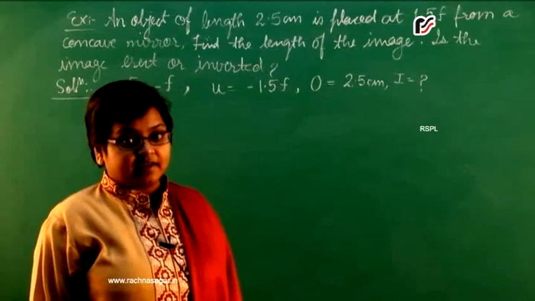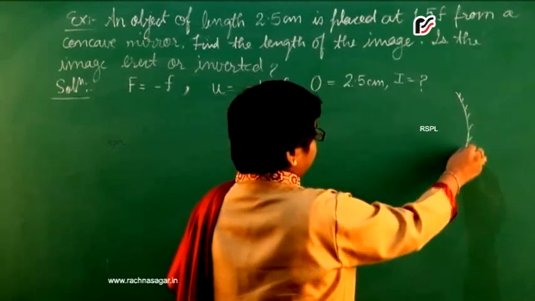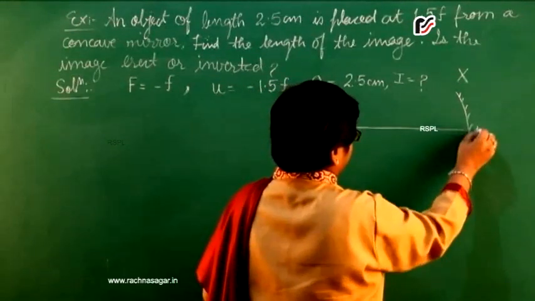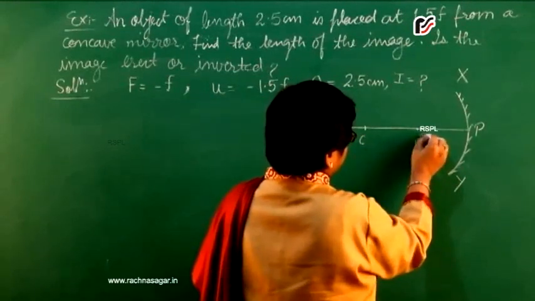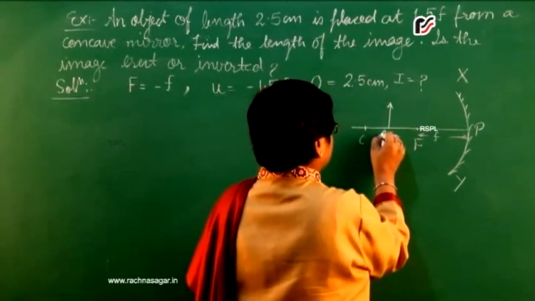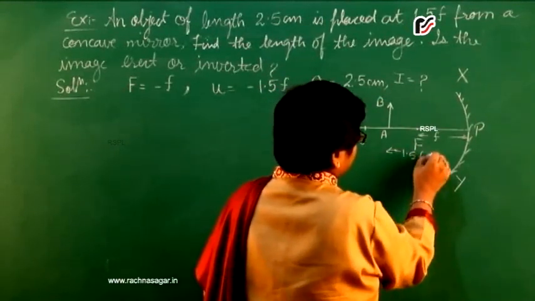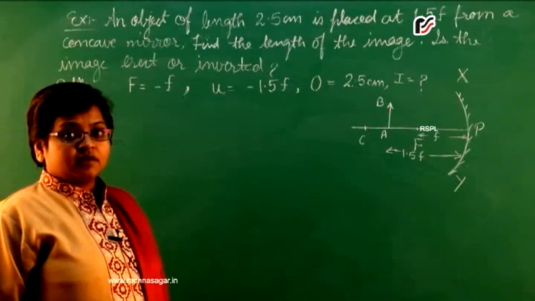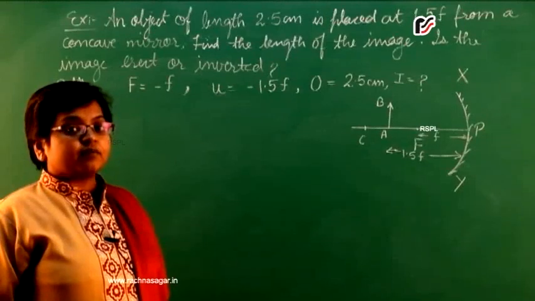Let us draw a rough ray diagram. This is the diagram. AB is the object placed perpendicular to the principal axis at a distance of 1.5 f from the mirror.